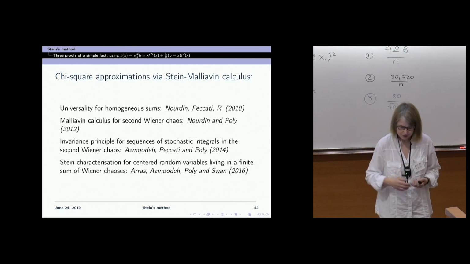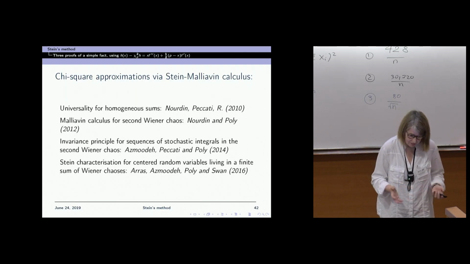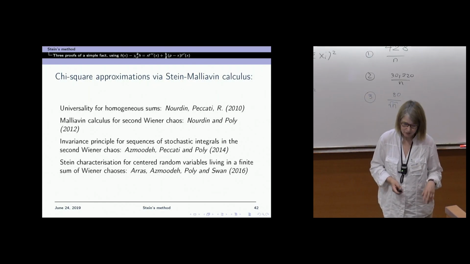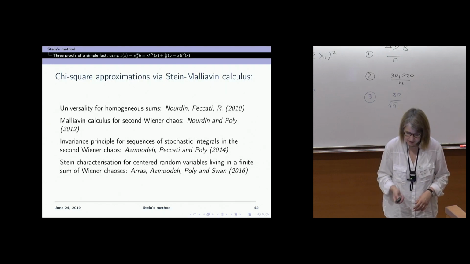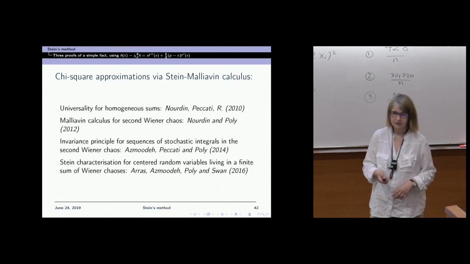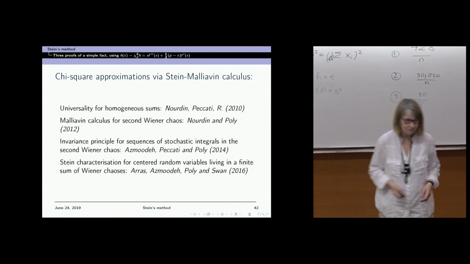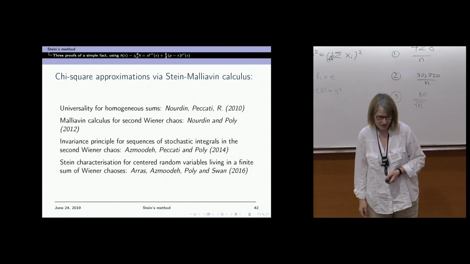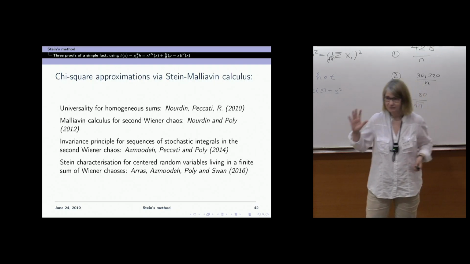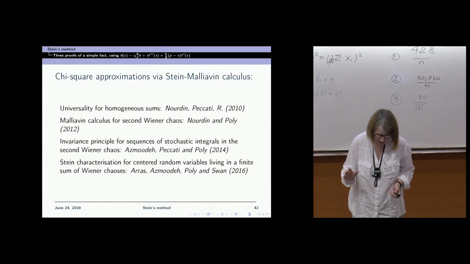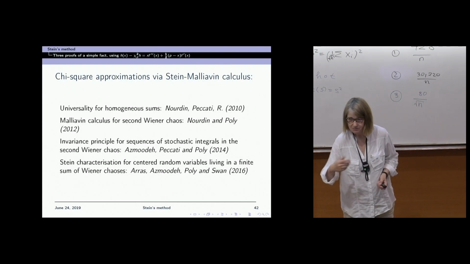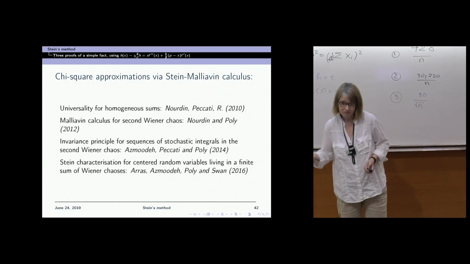Azmoodeh, Peccati, and Poly have worked on it, and more generally Stein characterizations for centered random variables which live in a finite sum of Wiener chaoses have been studied by Arras, who's here, Azmoodeh is not here, Peccati is here, and Swan is here. So people have done work in this area using Malliavin-Stein, but none of this work considers log likelihood ratio statistics because of the issue of estimating the parameter theta.